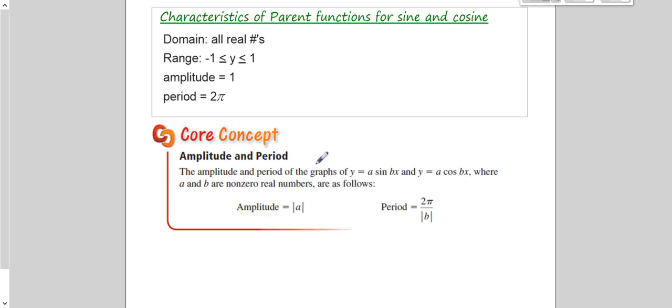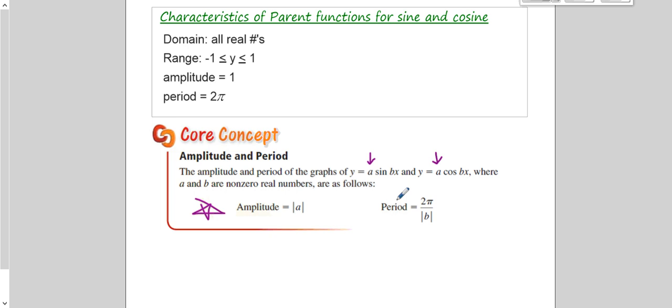The amplitude and period of the graphs y equals a times sine of b times x, and y equals a times cosine of b times x, where a and b are non-zero real numbers, are as follows. The amplitude is the absolute value of a. It's that vertical stretch number. It's your amplitude.